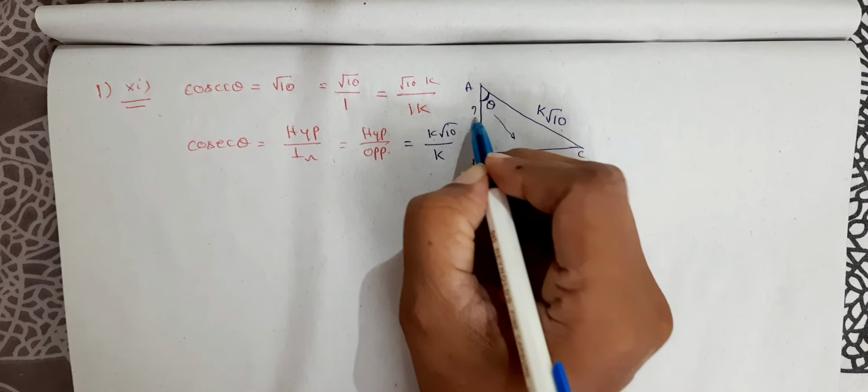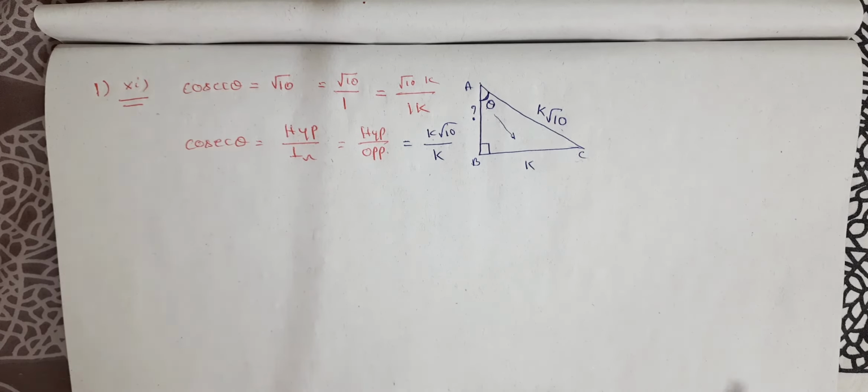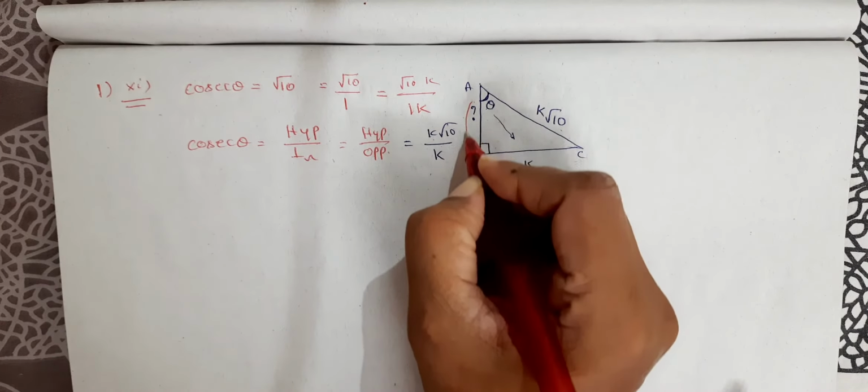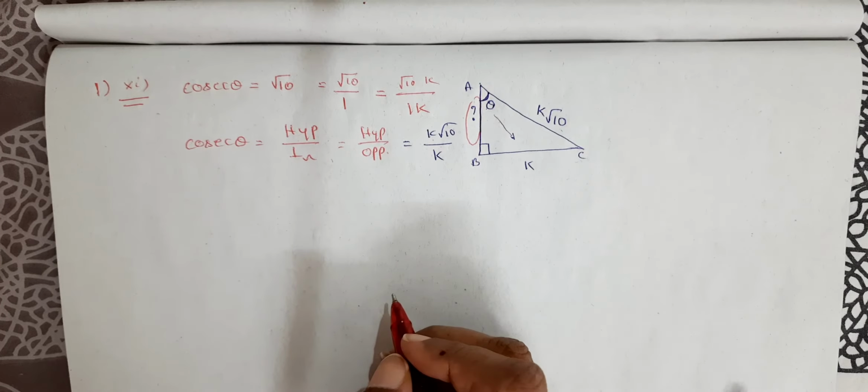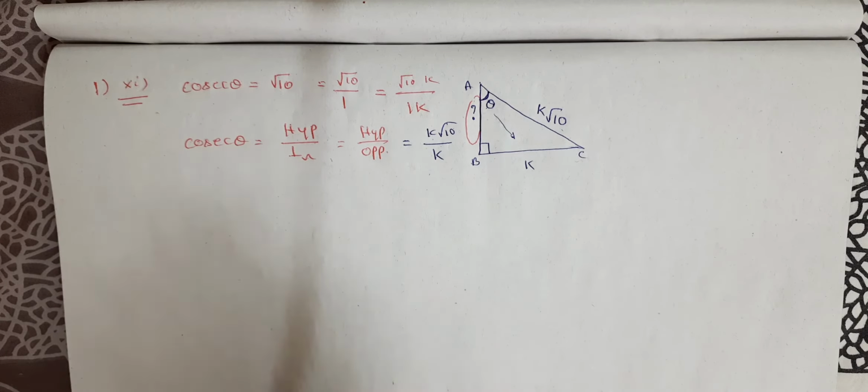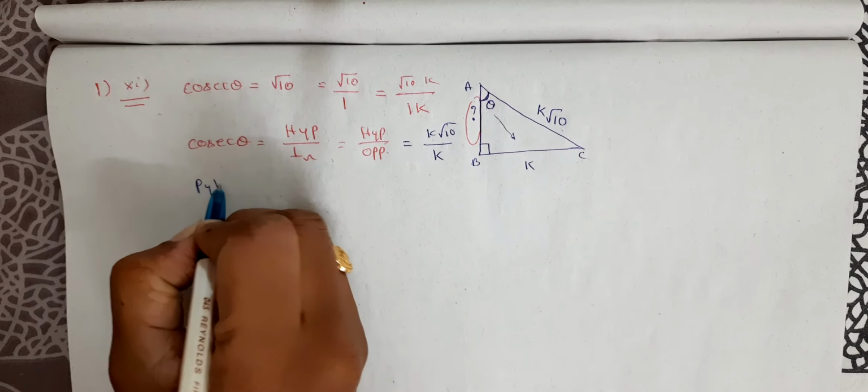Now we need to find AB. This is the one we need to find, so we will use the Pythagoras theorem.